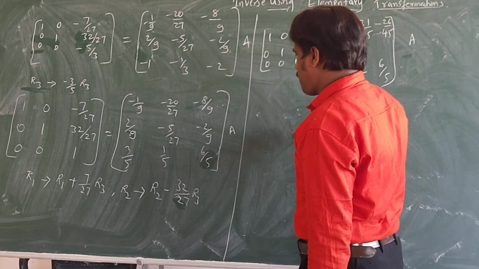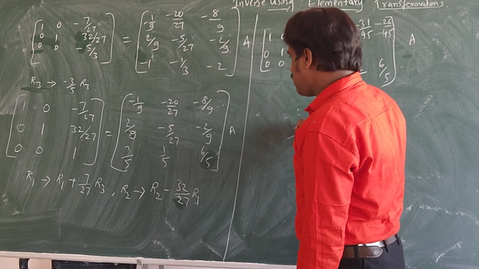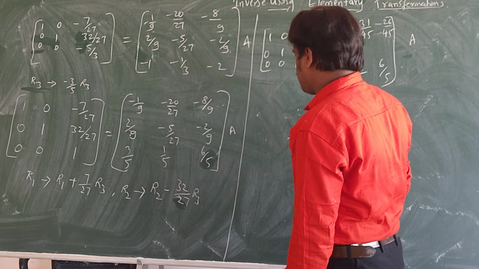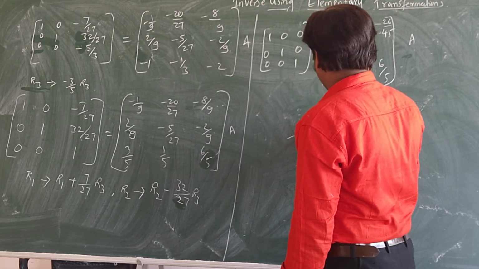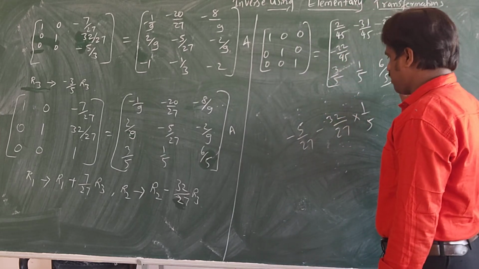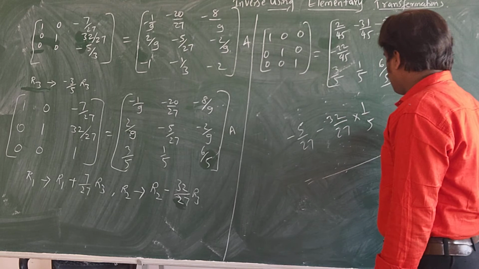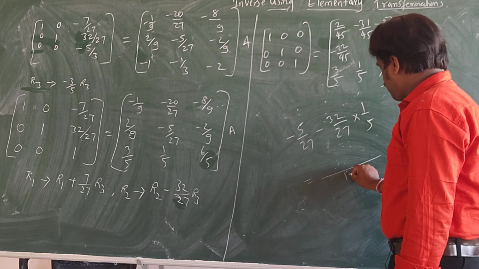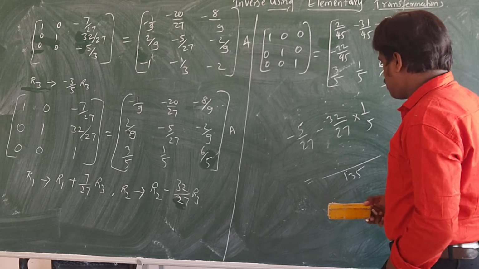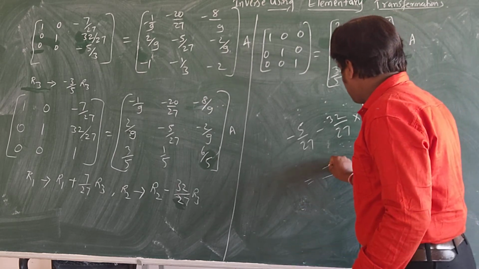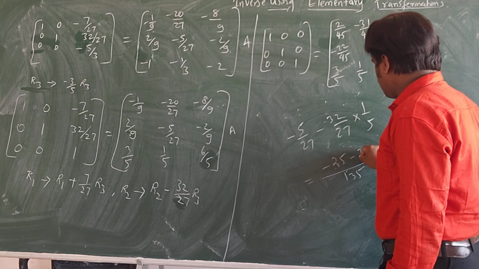Okay, next one. What I get here? Minus 5 by 27 minus 32 by 27 into 1 by 5. No cancellation? So 27 into 5, 135. And here you are going to get how much? Minus 25, minus 32.